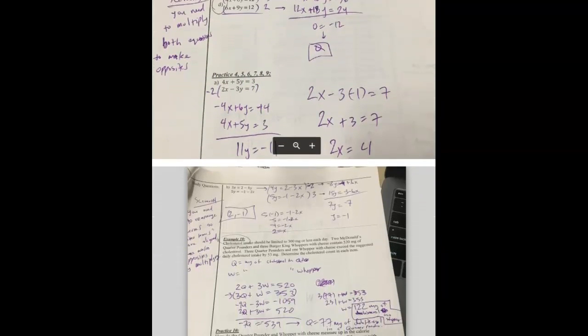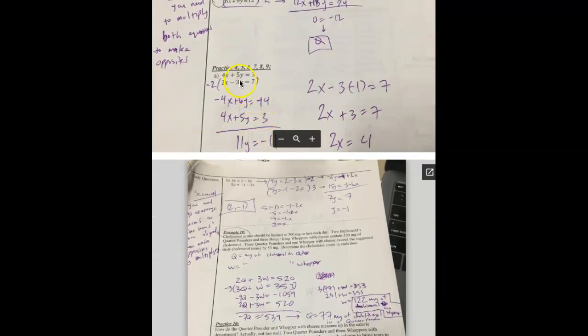As we move along here, we can see in this one, back to just more practice, I made opposites out of the x's by multiplying by negative 2. The opposite of 4x is negative 4x, so if I multiply this 2x by negative 2, I can get the negative 4x that I'm talking about, and then the rest still needs to be multiplied.